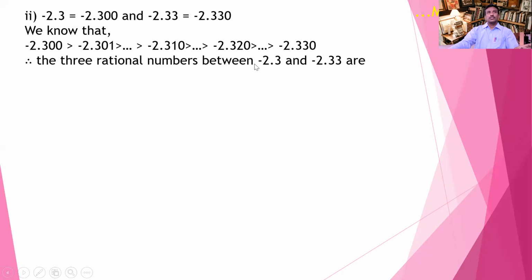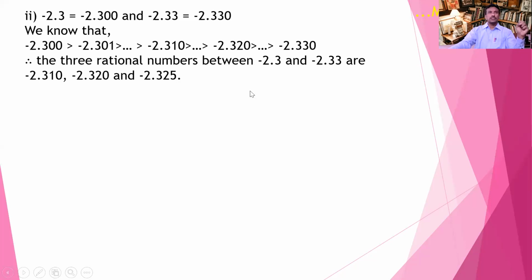So therefore the three rational numbers in between minus 2.3 and minus 2.33 are minus 2.310, minus 2.320, minus 2.325. We can write any three rational numbers in between given two numbers. Got it, all of you?